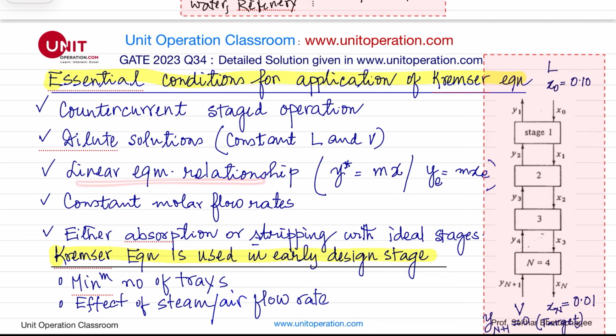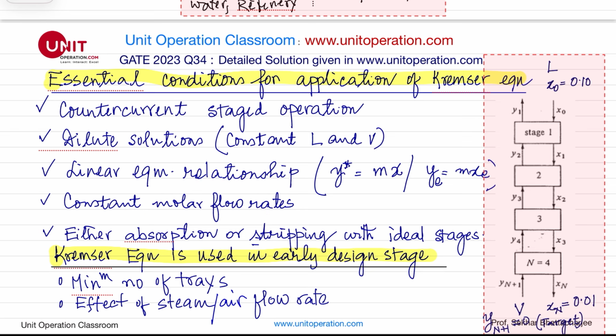The equilibrium relationship has to be linear. If it is something like this, of course, you will not get good results. Constant molar flow rate, which is true only if it's a dilute solution. Either absorption or stripping with ideal stages. So whether it's absorption or stripping, you can use the Kremser equation.